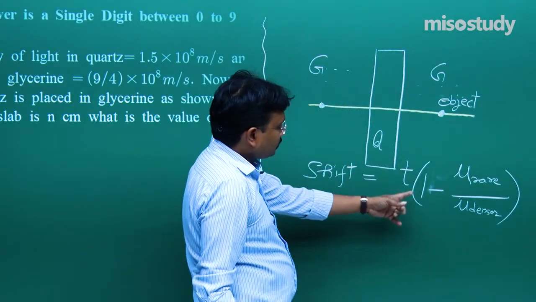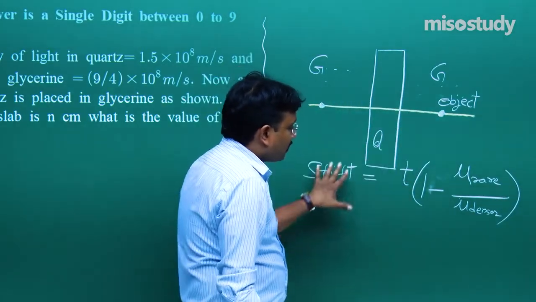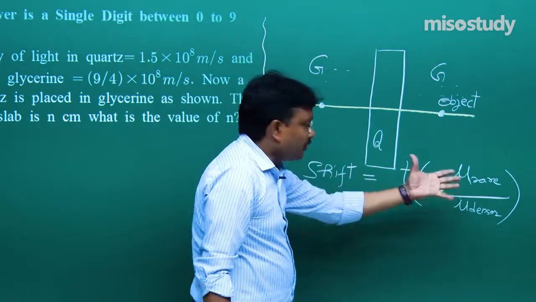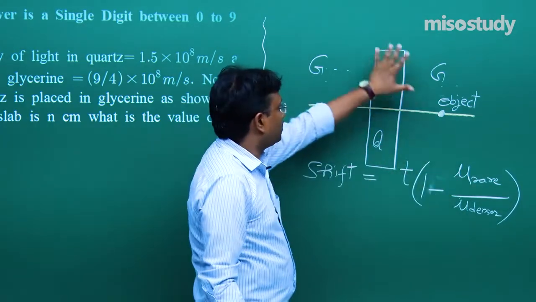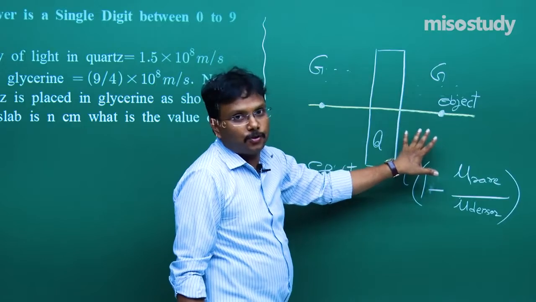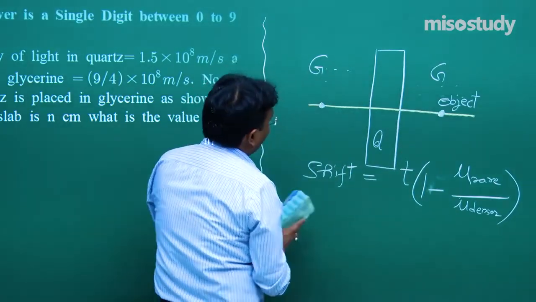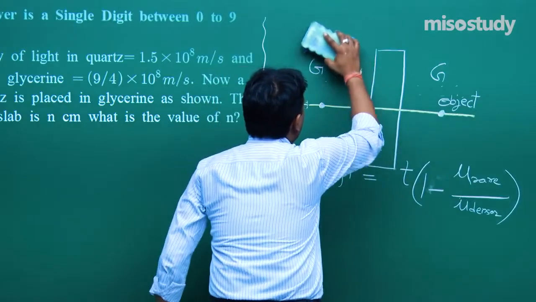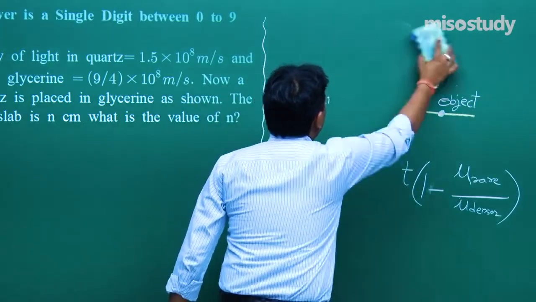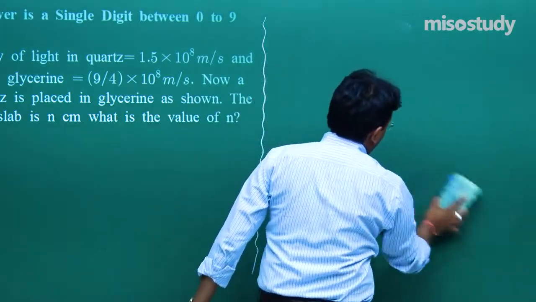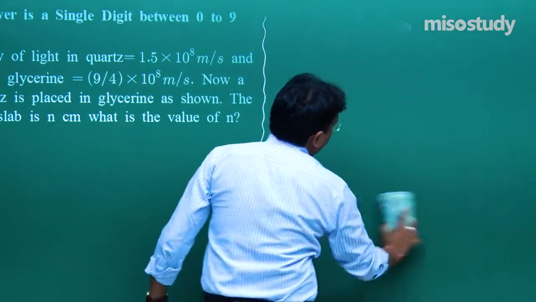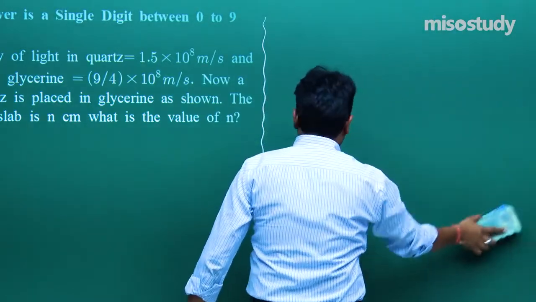Fine. Now with this formula we will move. This is our basic formula and this is our diagram of this situation. Now let me erase it to put the values. Very simple formula, and I am removing the diagram because whatever I was supposed to explain, I explained, and the basic result also I explained.